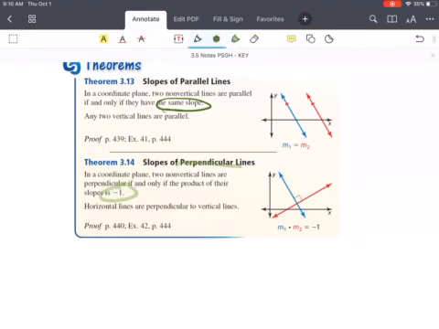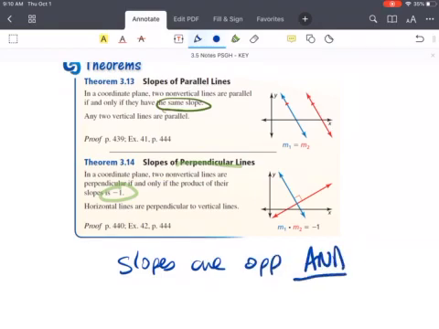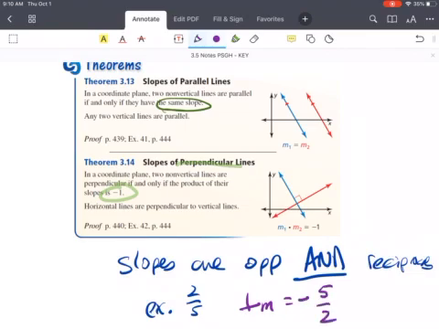And what that's saying is that these slopes are opposite reciprocals. So for an example, if I told you that there was a slope of 2/5, then the perpendicular slope to 2/5 would be the opposite, negative, and then 5/2.